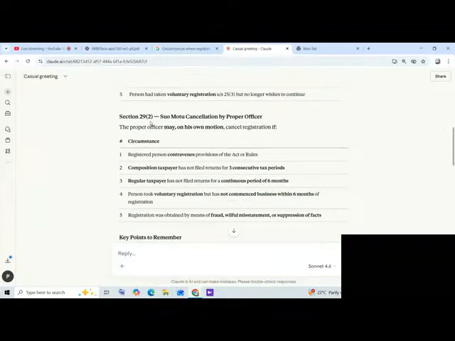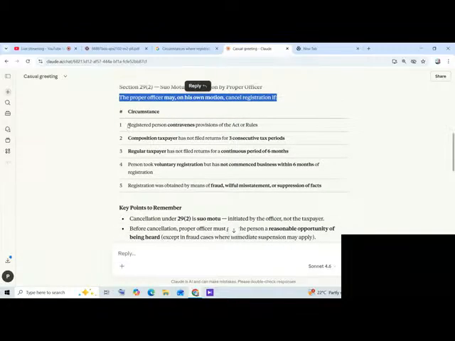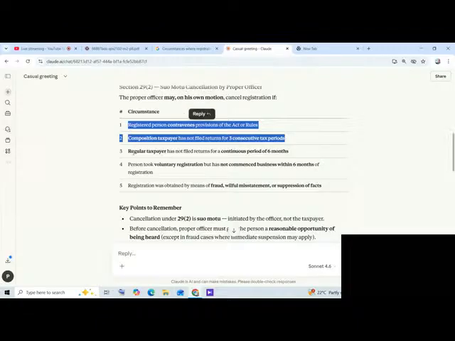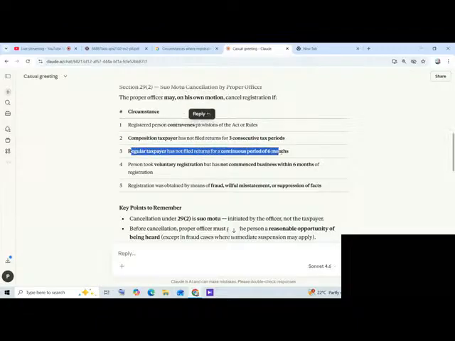And then we have section 29(2), which says suo motu cancellation by the proper officer, who may on his own motion cancel registration if the registered person contravenes the provisions of the act or rules. Composition taxpayer has not filed returns for three consecutive periods. Regular taxpayer has not filed returns for a continuous period of 6 months.